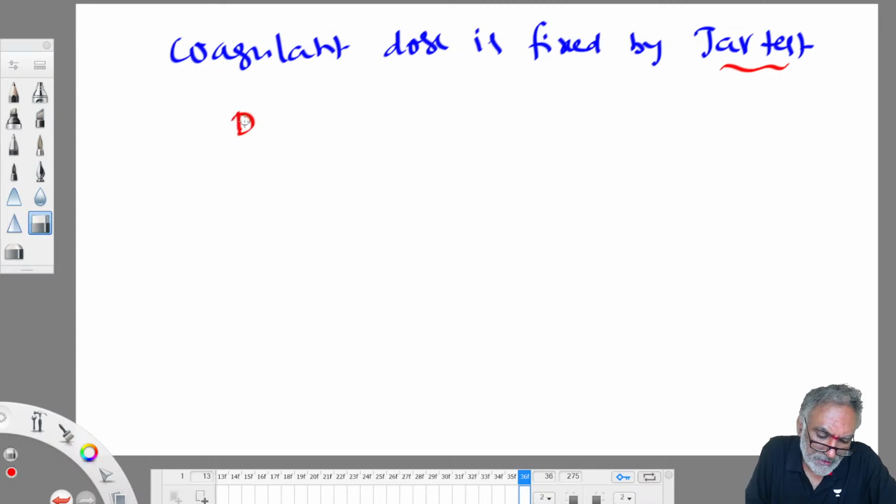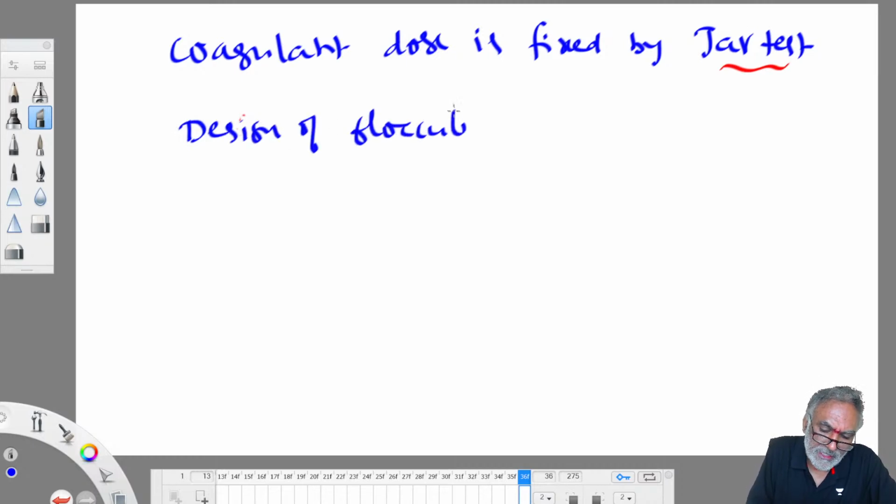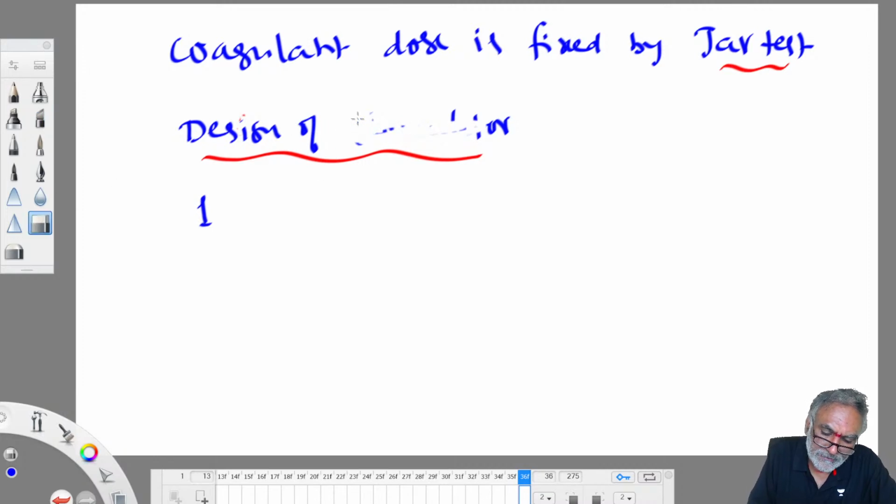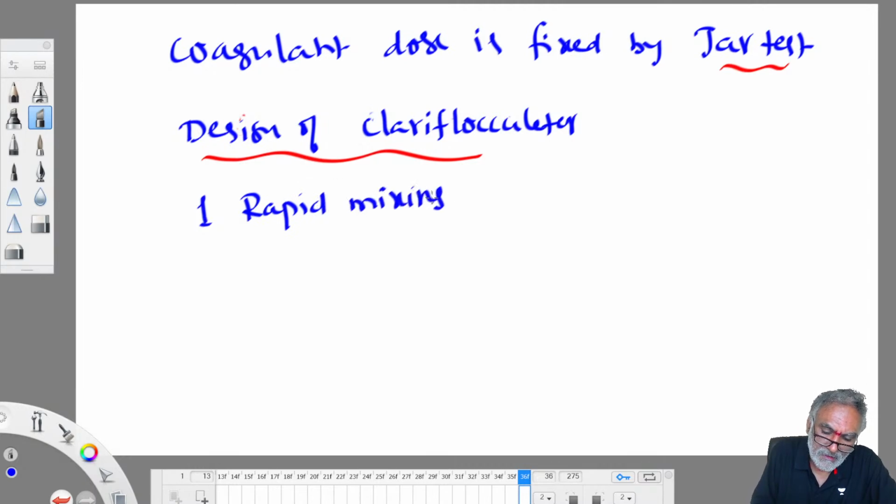Design of flocculator is another numerical question from coagulation. In flocculator design, 3 things we design. One is rapid mixing unit. Design of clariflocculator. Clariflocculator consists of 3 units. One is rapid mixing unit, right?